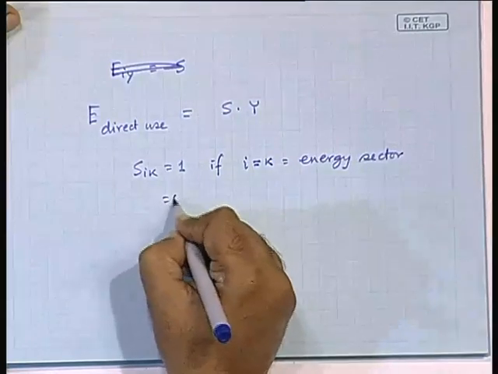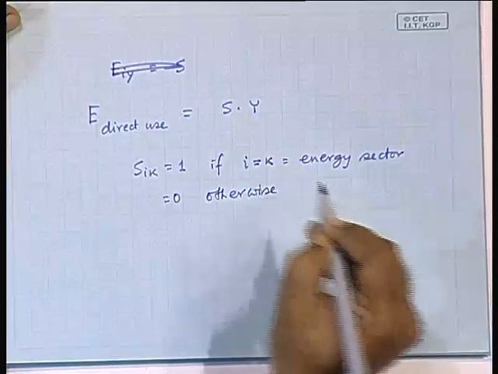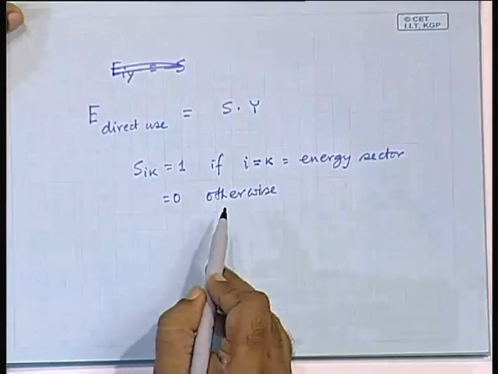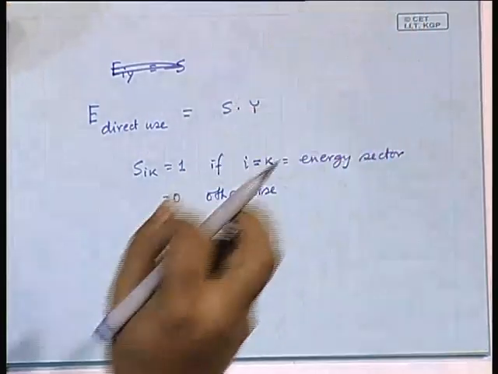N is equal to 0 otherwise. Then if we multiply this matrix with the y, we extract the information about only the final demand of the energy sectors. Clear?